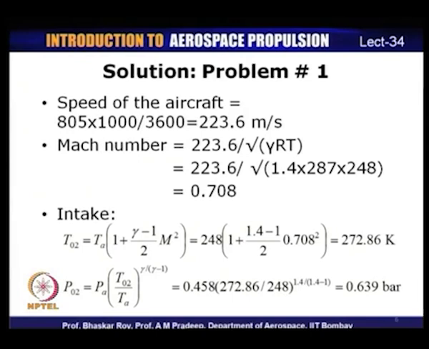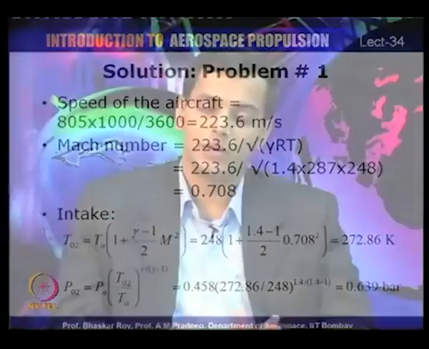So, the first component we will analyze is the intake, and so for the intake exit we need to now calculate the stagnation temperature and stagnation pressure. We know the intake entry temperature and pressure, the ambient conditions are given to us, and so from isentropic relations we can calculate the stagnation temperature at the exit of the intake. And how do we calculate that?